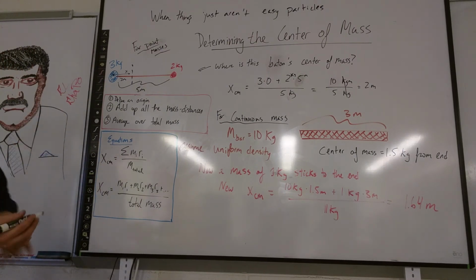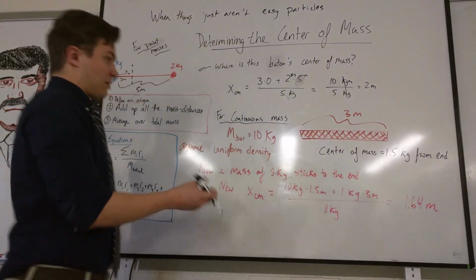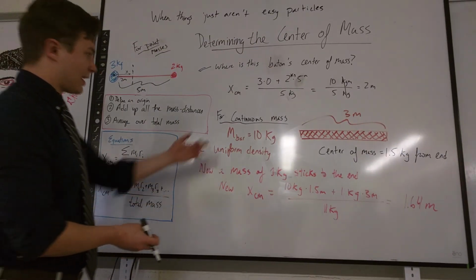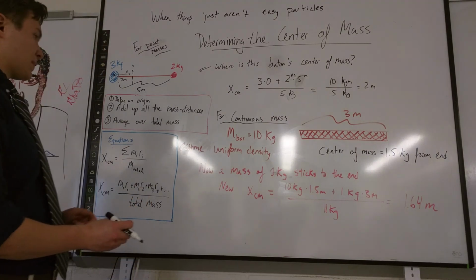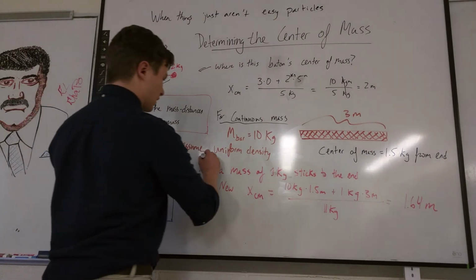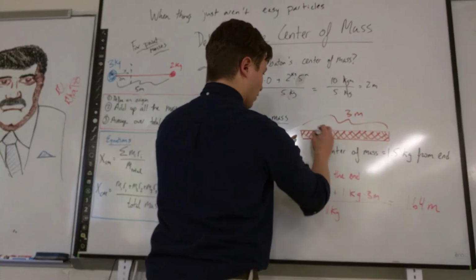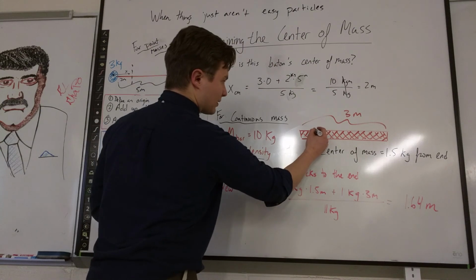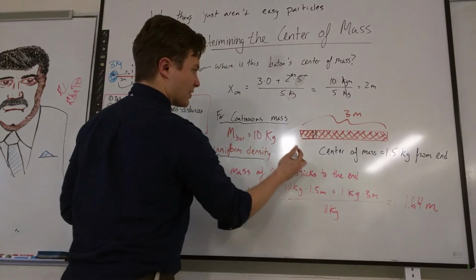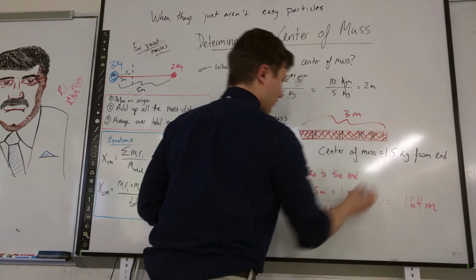It's relatively straightforward if we look at a continuous mass, say, of a bar that actually has some weight to it. So let's say this bar has 10 kilograms of mass. We're going to assume uniform density. What does that mean? It's saying that at every section of this bar, we would expect to see the same mass in each section if I divide my sections up evenly.